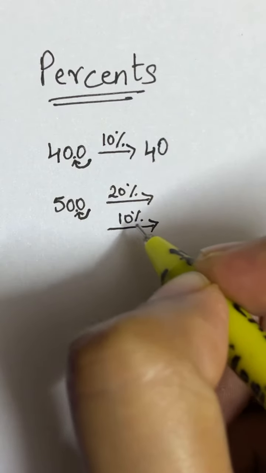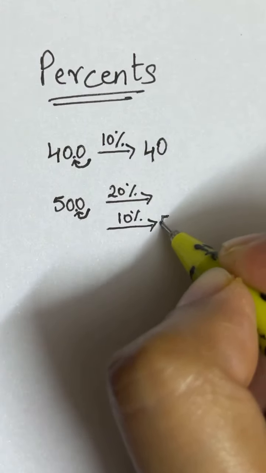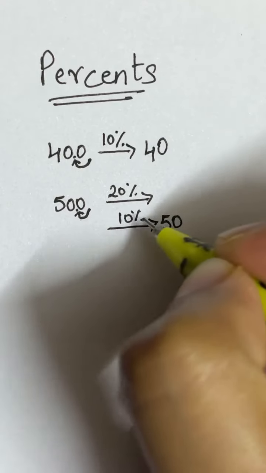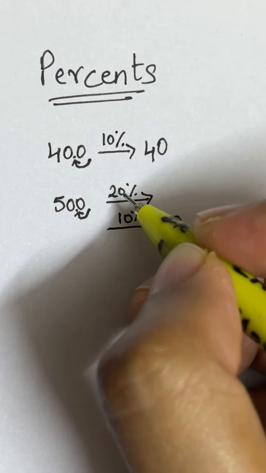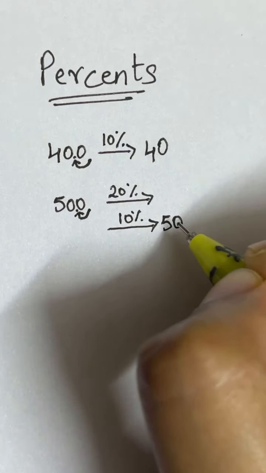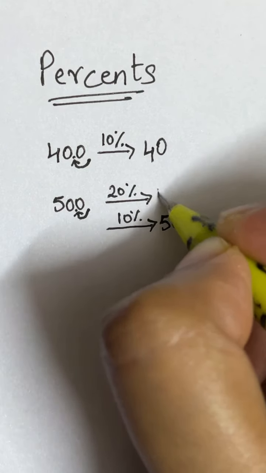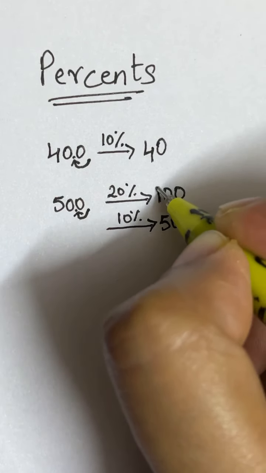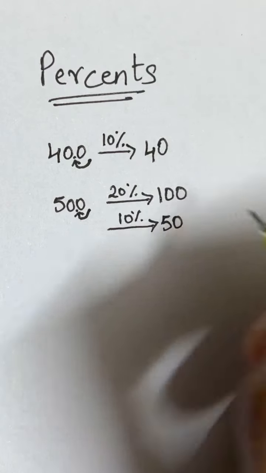That is, 10% of 500 is 50. So what is 20% of 500? Just multiply 2 times 10, you get 20. So you just multiply 2 times 50 and that gives you 100. So 20% of 500 is 100.